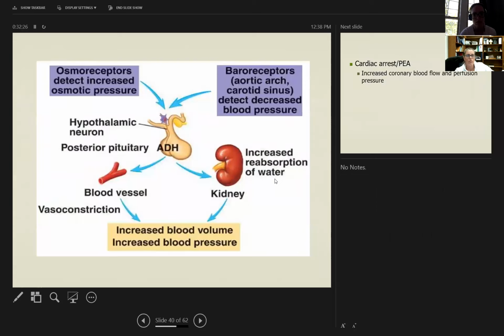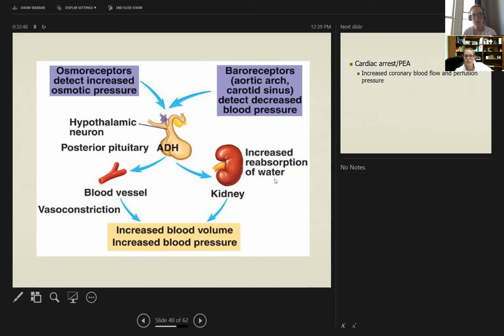So I said it works via osmotic receptors that will pick up an increase in osmotic pressure and then lead to vasoconstriction of the blood vessels, leading to an increase in blood pressure. You'll have an increase in free water reabsorption from the kidney.